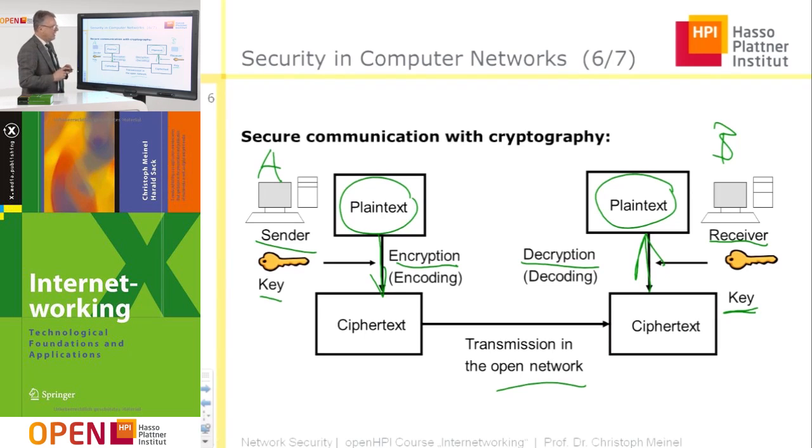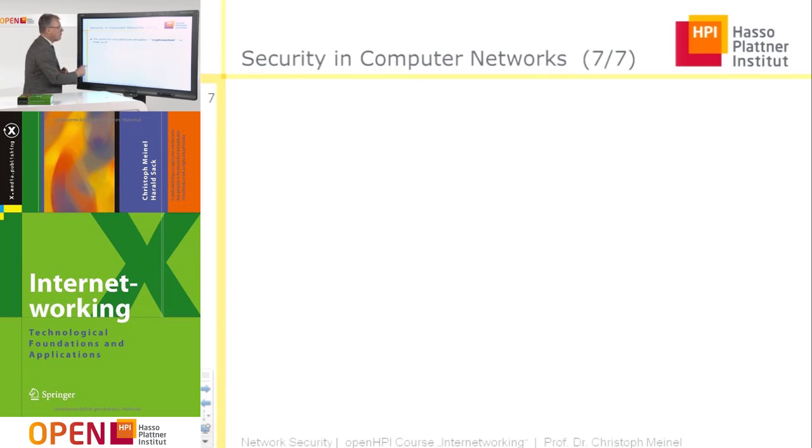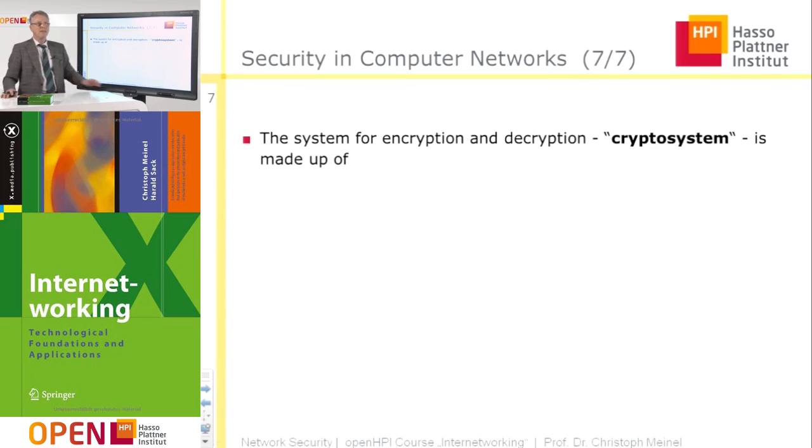Now the role of the key is important, because on both sides the key is needed. In cryptography, two families of such encryption methods have been developed. The system for encryption and decryption is called a crypto system.